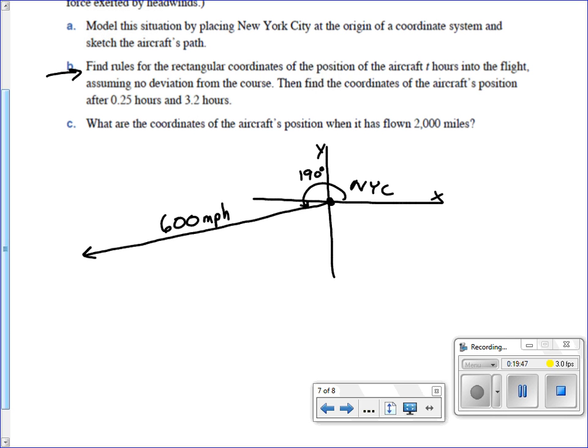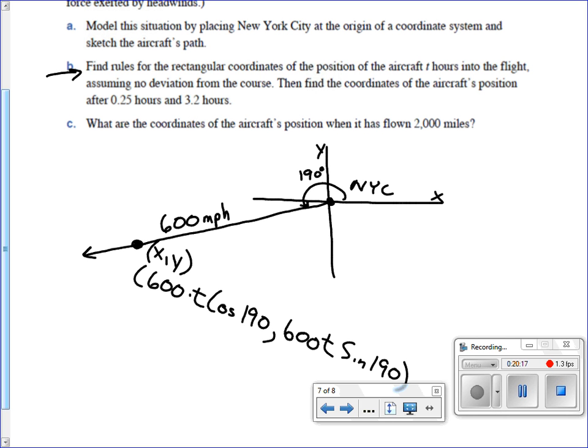Therefore, any point on here, x comma y, has the coordinates of 600 times the amount of time in air times the cosine of 190, comma, 600 times t times the sine of 190 degrees. We found the rules.